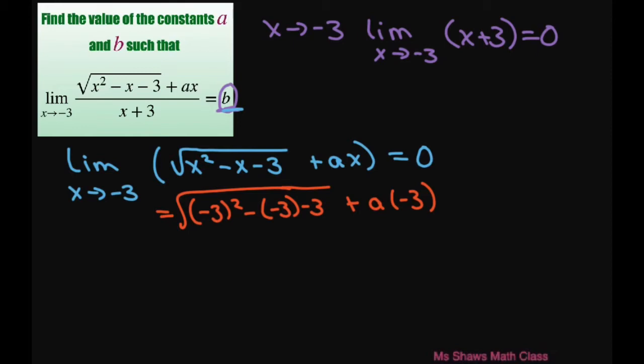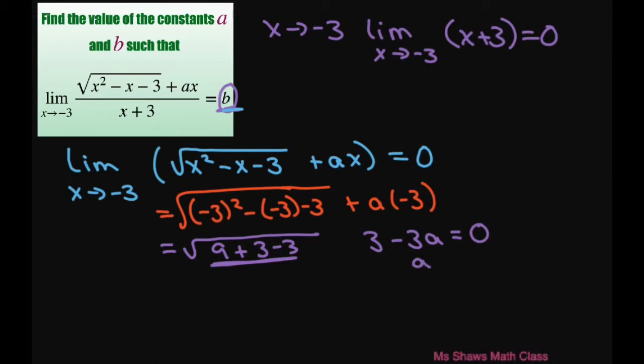This is going to be square root of 9 plus 3 minus 3. So this is just going to equal 3 because the square root of 9 is 3. So we have 3 minus 3a equals 0. Therefore, a equals 1.